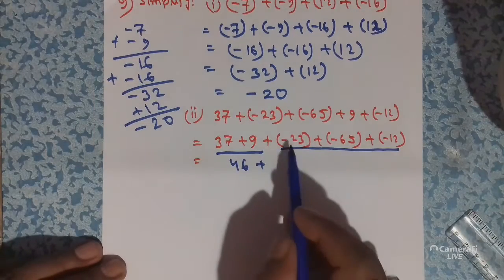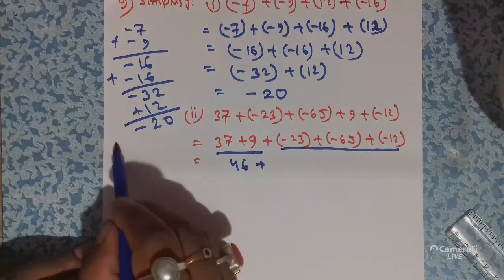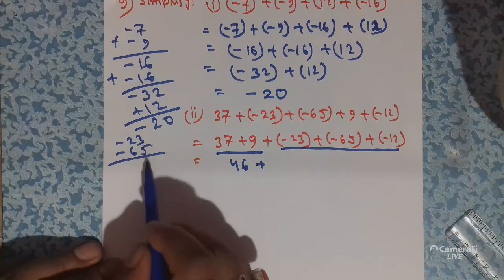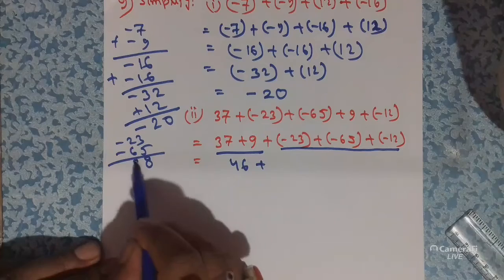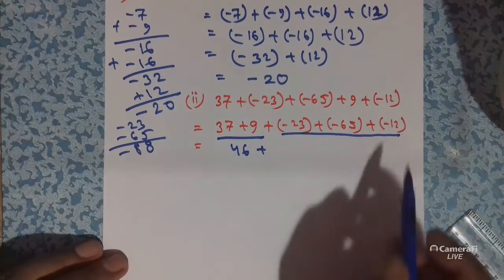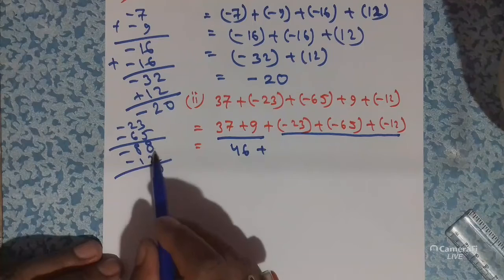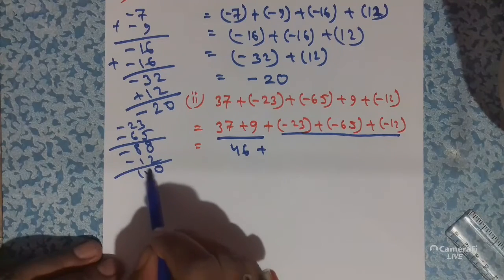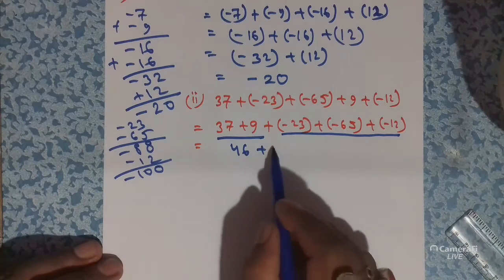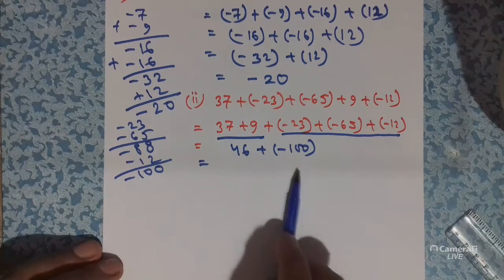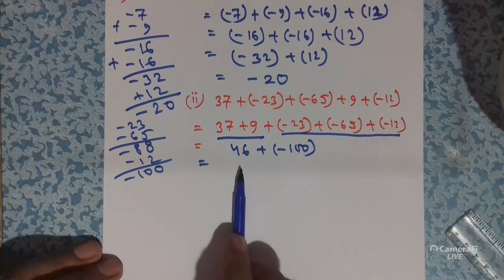So at first we have to add minus 23 with minus 65. So minus 23 and minus 65 will be minus 88. Then again we have to add with minus 12. So it will be minus 100. Now you can see that this is negative integers and this is positive integers.